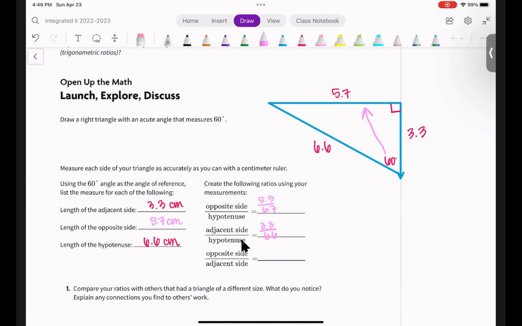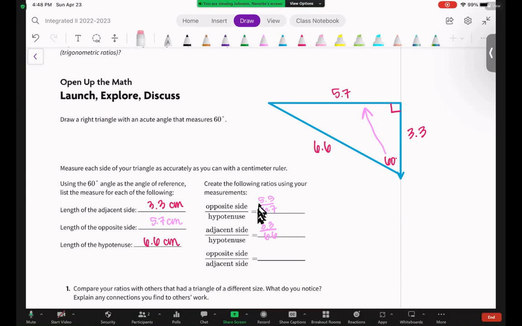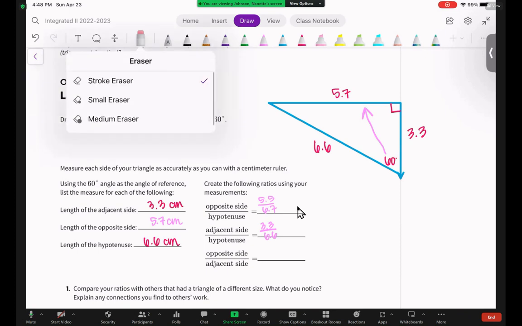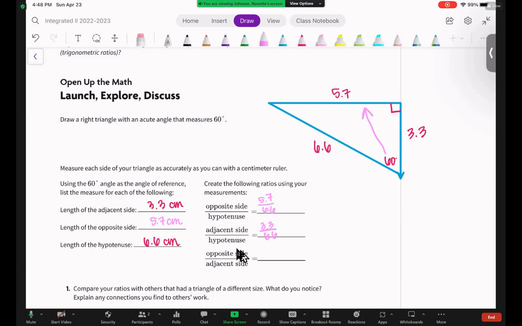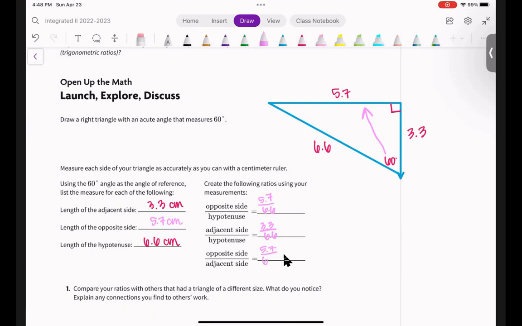Wow, I put 5.5 and there's no 5.5. Sorry. Let's try this again. Okay, I should have written 5.7 over 6.6. And last but not least, opposite over adjacent is 5.7 over 3.3.